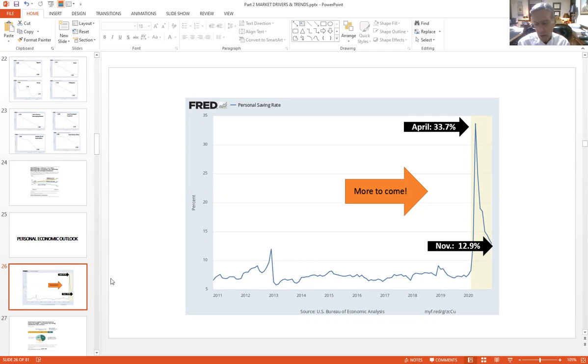Those people and those families will receive checks of either $600 or $1,200. That's less than the checks that were dispersed the first time, but there's already talk in Congress about increasing the disbursements to $2,000 per family. It looks like there's going to be more of these checks dispersed.